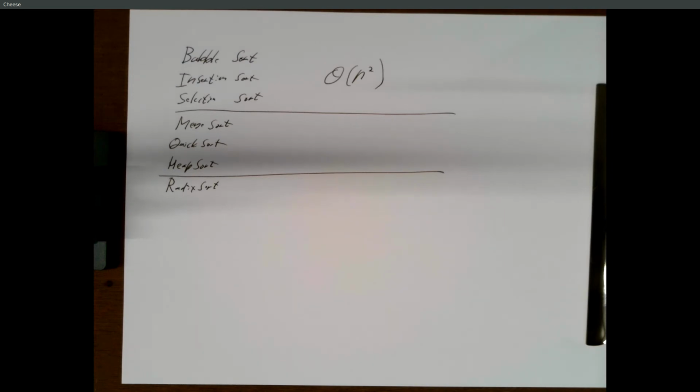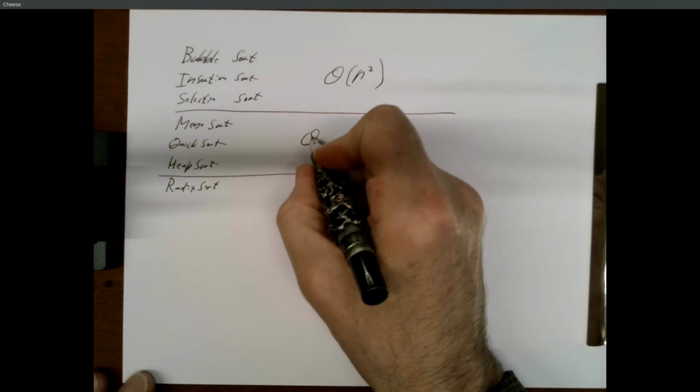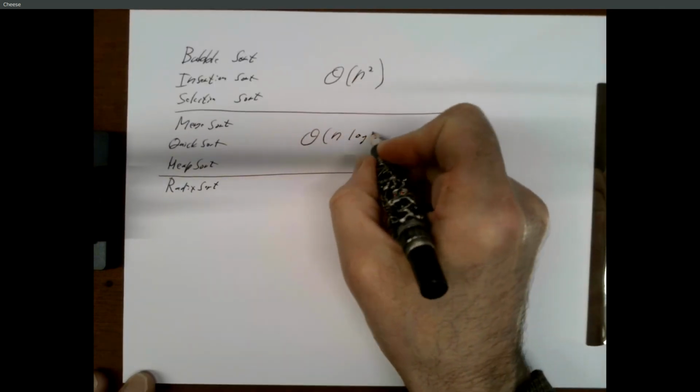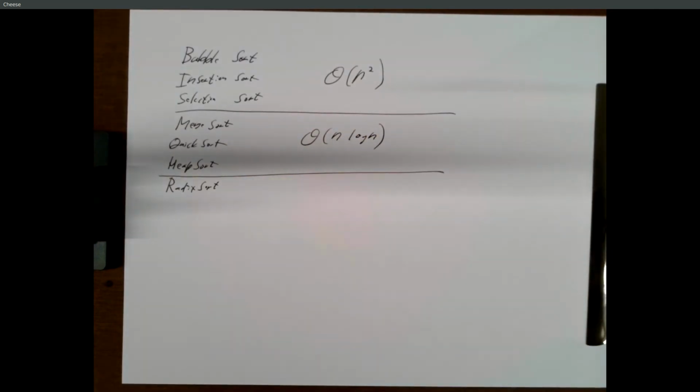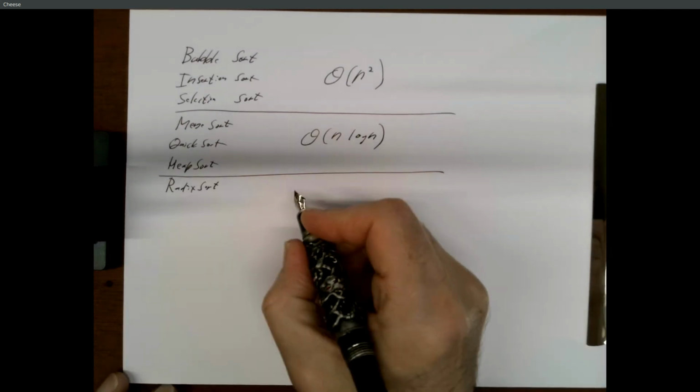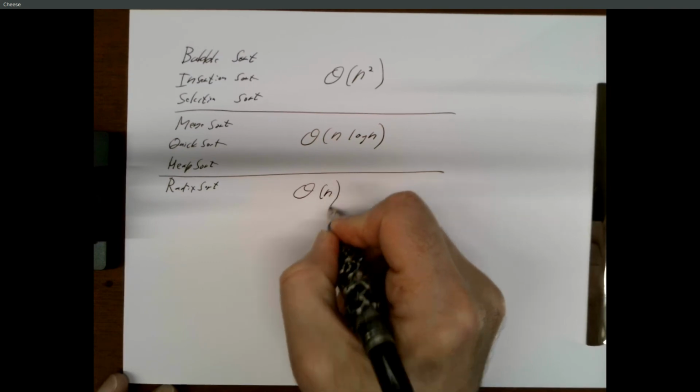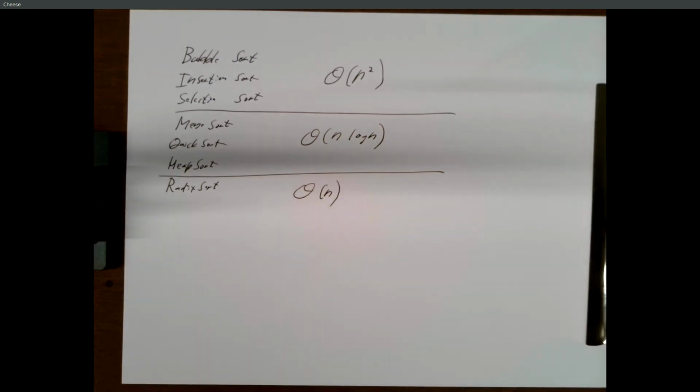It means when the amount of data increases, the performance gets really bad. I'll make that precise in a minute. Merge sort, quick sort, heap sort have an order of what we would call n log n. And that's generally better. Radix sort nominally has something like order n, which seems even better.